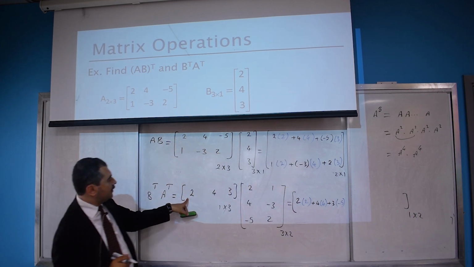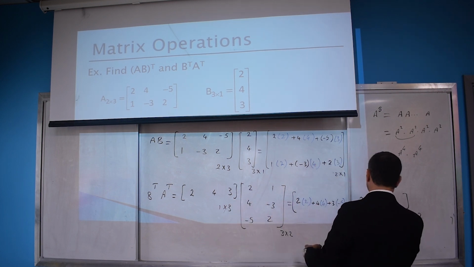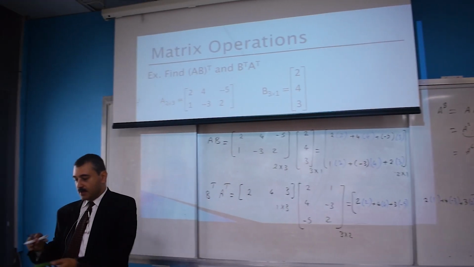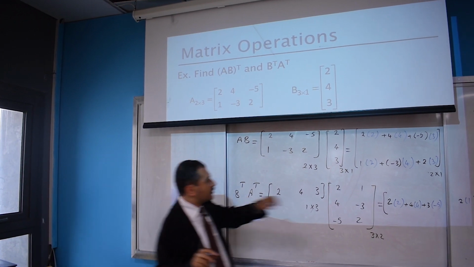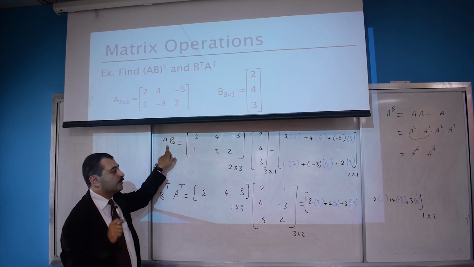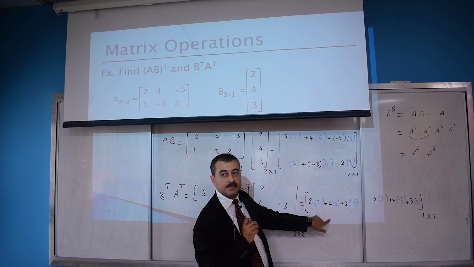And the second entry: 2 by 1, and then 4 by negative 3, and 3 by 2. So if you actually take the transpose of AB, you will get the same answer as this one.